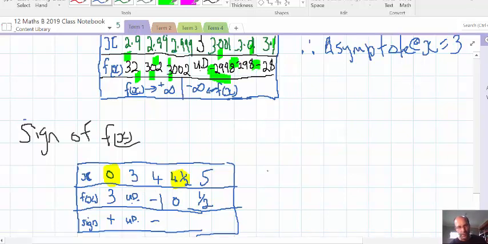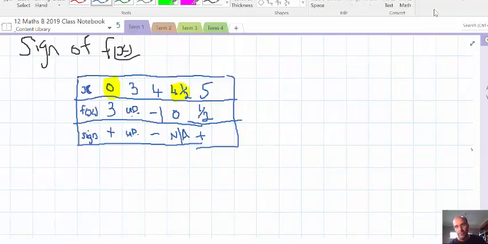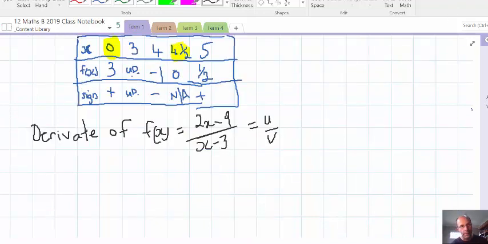It's negative here, and now the sign is neither positive or negative here, so again the sign is, let's say, not applicable because it's cutting through the axis there. Okay, and it's positive again here at x equals 5. So we have positive, undefined, negative, and then positive again.